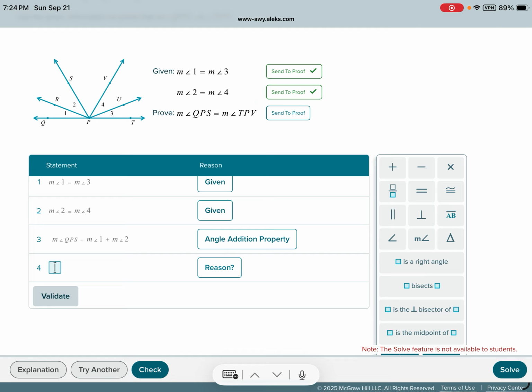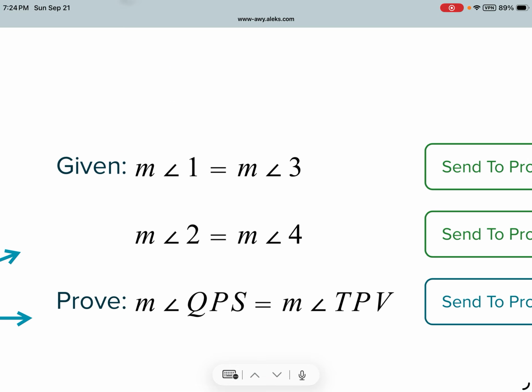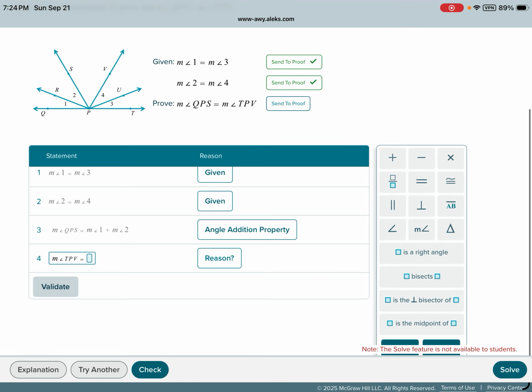Now I need the same thing with TPV. So I'm going to go back and do measure of TPV equal to, okay, TPV is equal to, I can do either measure of angle 4 plus 3 or 3 plus 4. Since up here 1 and 2 are first, then I'm going to go 3 and 4 in the same order.